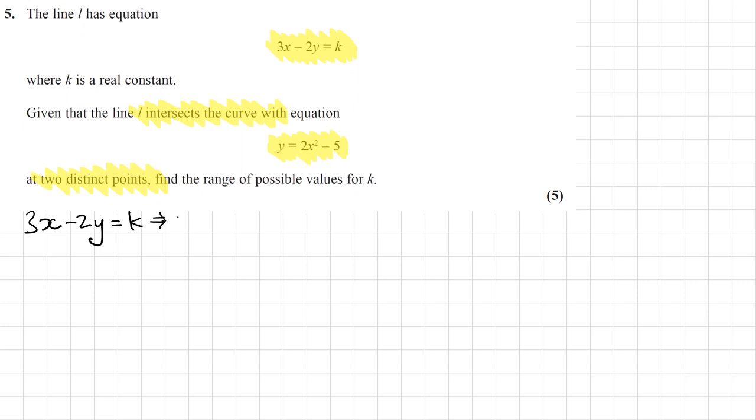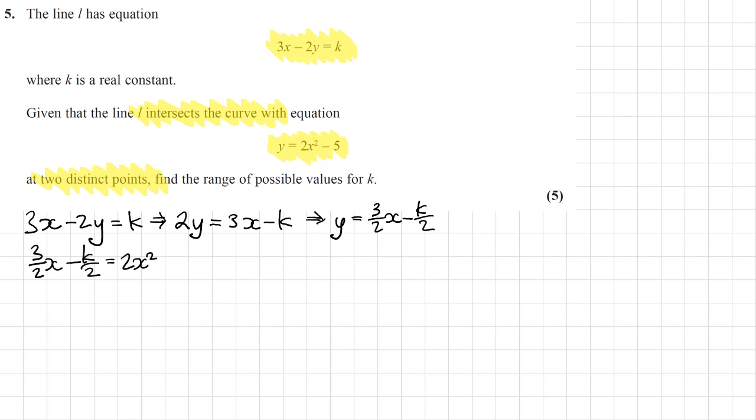So if I do that, I'll have 2y is equal to 3x minus k, divide both sides by 2, and I'll get y is equal to 3 over 2 x minus k over 2. That's going to get substituted into the second equation here. So y becomes 3 over 2 x minus k over 2 is equal to 2x squared minus 5.